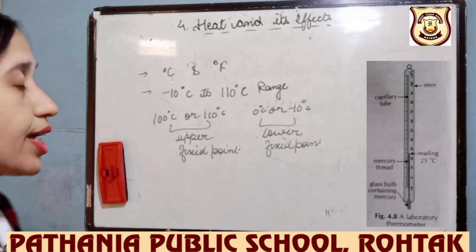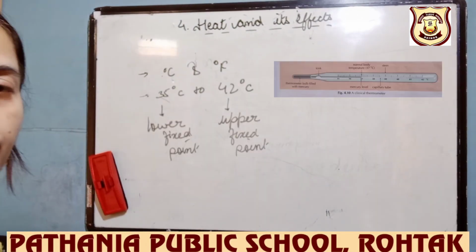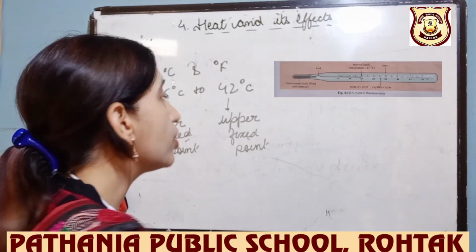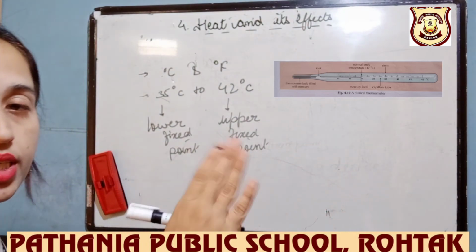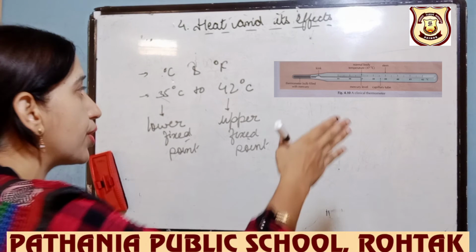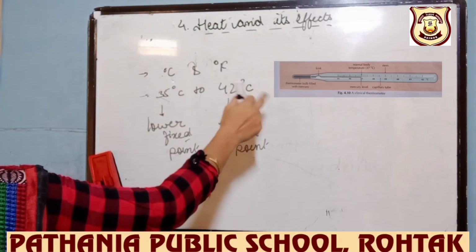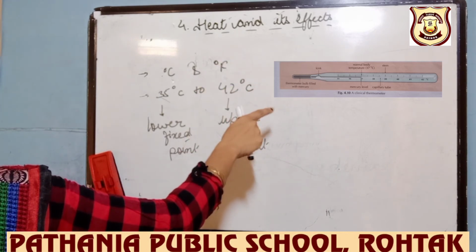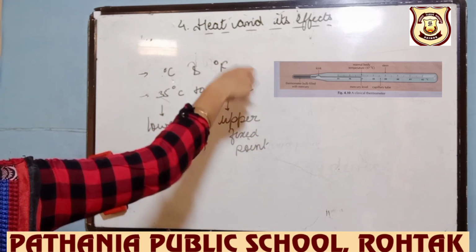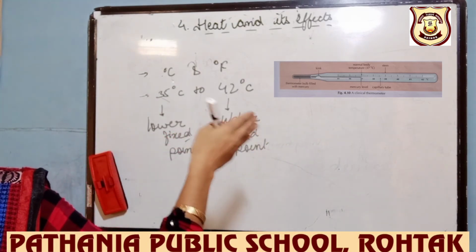Next we would like to take the clinical thermometer. You can see this is a clinical thermometer. What is the main difference between the laboratory and clinical thermometer? The main difference is the stem. It has a bend-like kink that prevents the movement of mercury back into the bulb when the thermometer is taken out of the person's mouth.